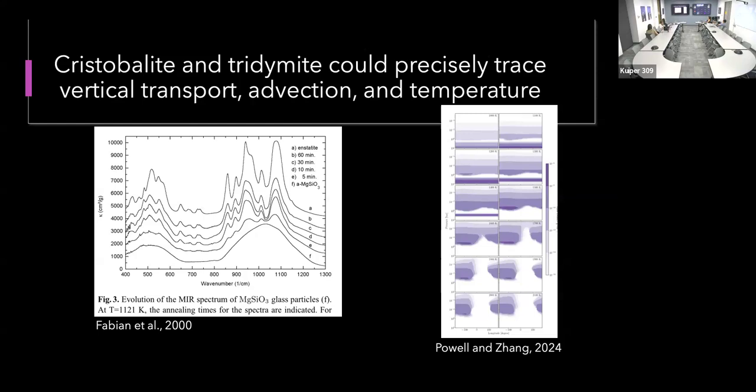I don't even think this is published yet, it's just on arXiv, that they use a microphysical model with two-dimensional clouds and just how that changes the particle size distributions and where clouds are in the atmosphere. And so if you add in this additional aspect of being able to trace the different polymorphs, I think that could give you something really nice as a way of measuring temperature throughout the atmosphere, which I think is really exciting.